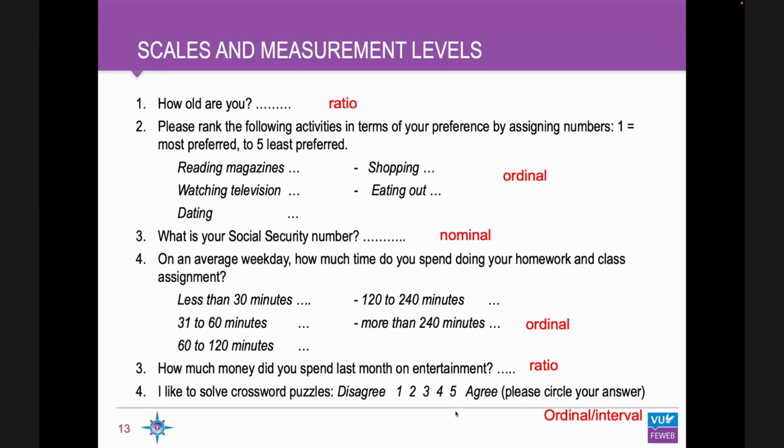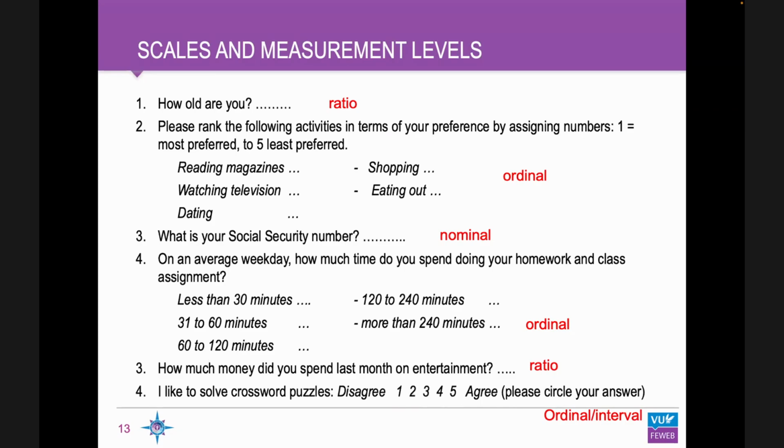But if we cannot justify the equal distances, so for instance, if this goes from completely disagree, and then you start to add more agree options, agree, slightly agree, completely agree, something like that, then we cannot really talk about equal distances.